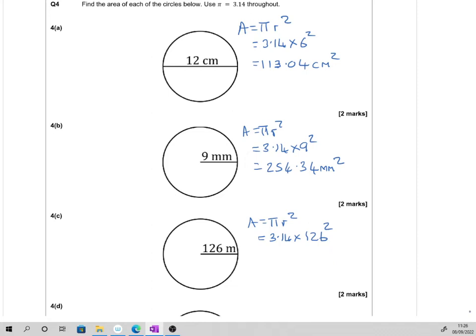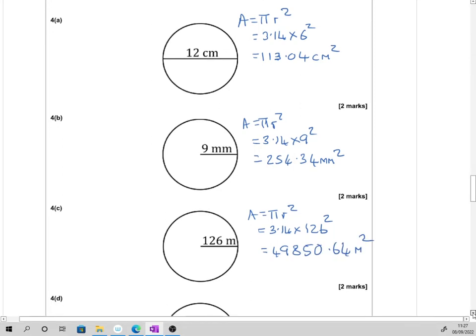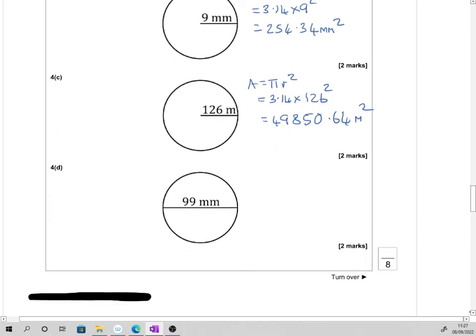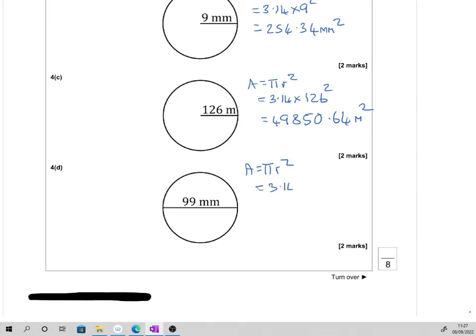So 3.14 times 126 squared is 49850.64 meters squared. Next one. Area equals pi r squared, 3.14 times half of 99.